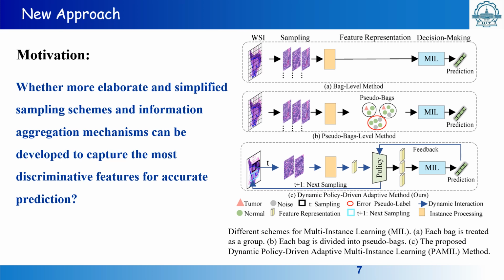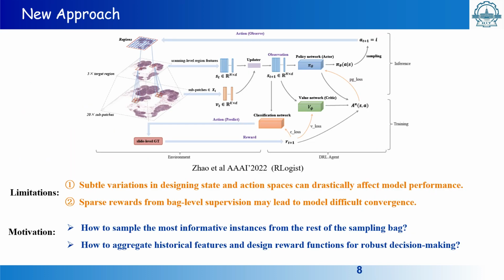This inspires us to ask the following question: can more elaborate and simplified sampling schemes and information aggregation mechanisms be developed to capture the most discriminative features for accurate prediction? Recently, some efforts have highlighted that the current decision can benefit from past knowledge and continuous learning.